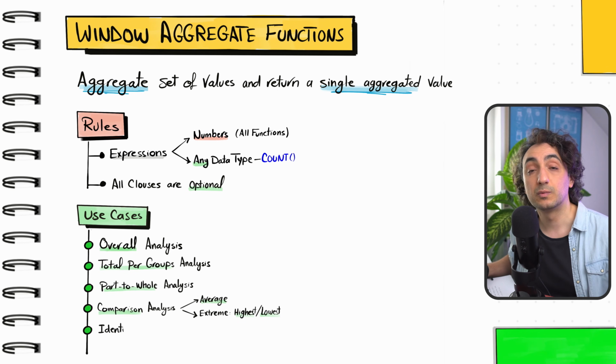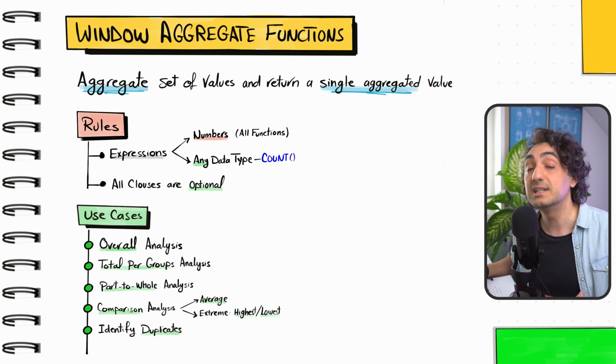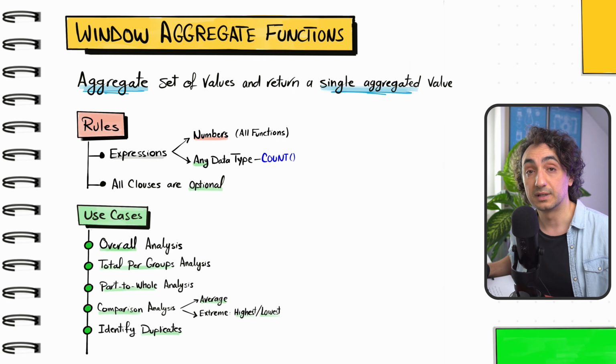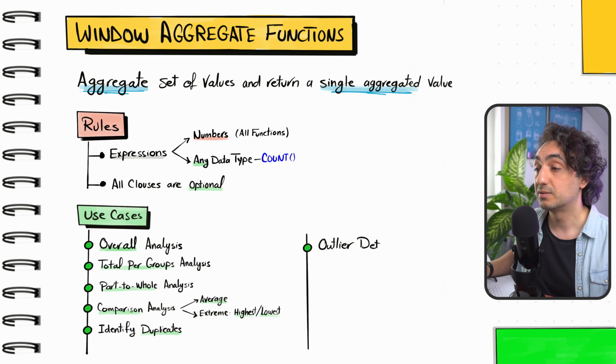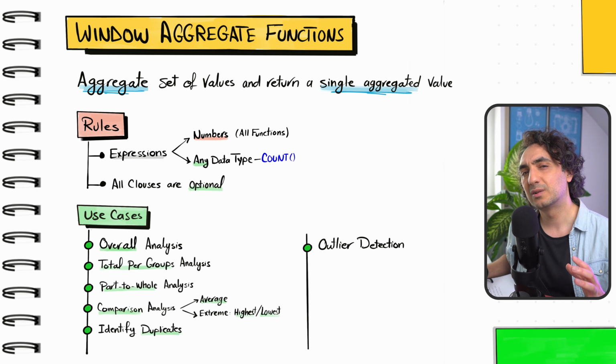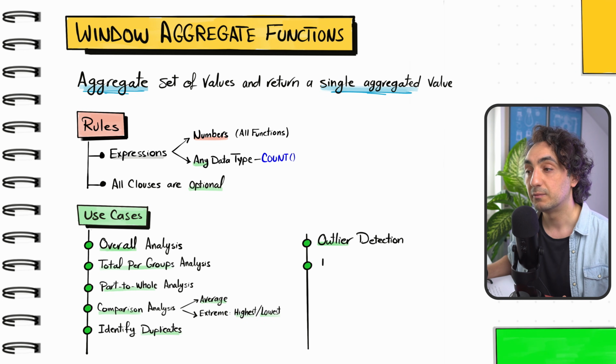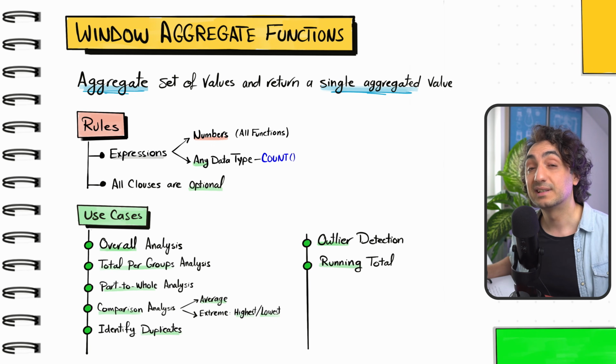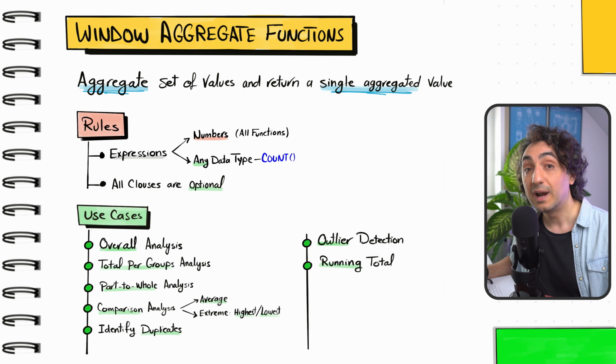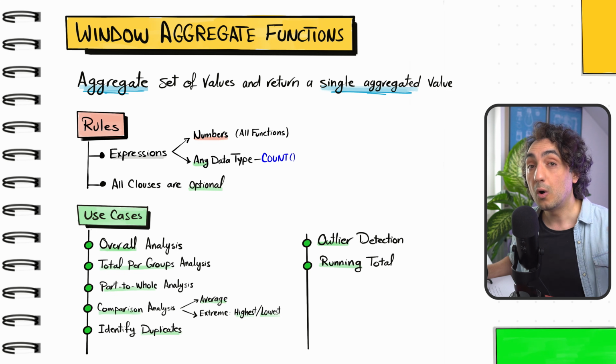And another use case, we can identify data quality issues in our data. So we can, for example, identify duplicates using the count function. Moving on to the next use case, we have the outlier detection. We can find out which data points are above the average and below the average and so on. Then the next one, we have the running total. As we learned, it is a great tool to track the progress or to monitor the performance of our business over time.